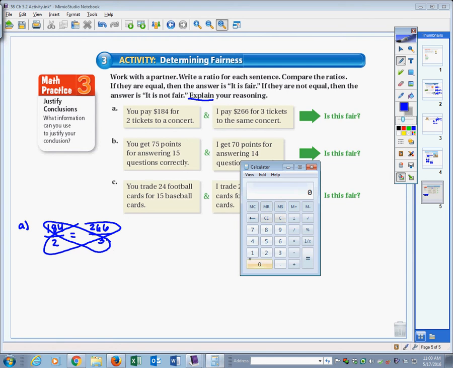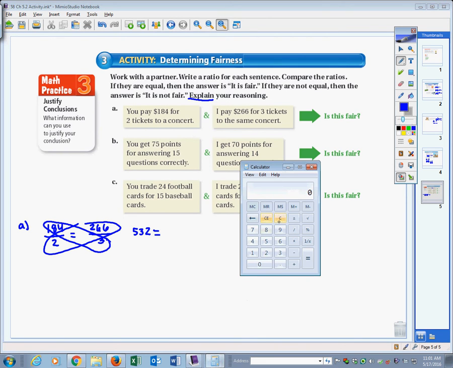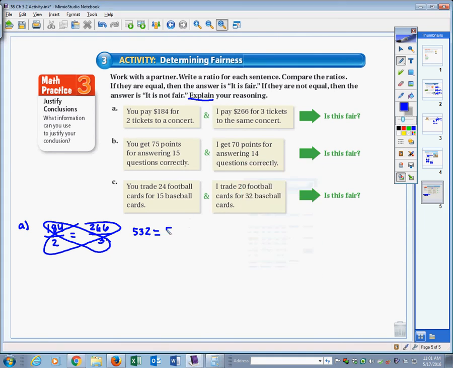Okay, so 2 times 266 gives us 532. And let's look at our second set of cross products. And we're going to multiply 184 times 3, and that gives us 552. So is this a fair proportion?